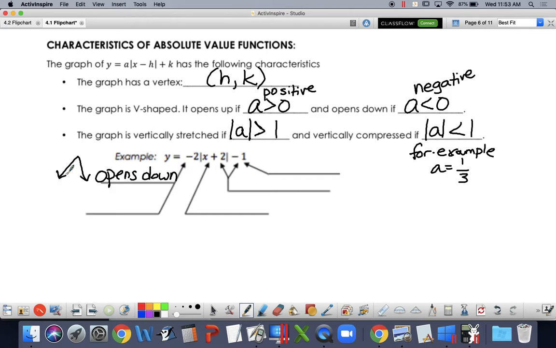And then the A value is a 2, which means we've stretched it by 2. And the way that we interpret this so that we can graph it, it means my slope is going to be positive and negative 2. Since I have a V shape, one of my slopes has to be positive and one has to be negative.